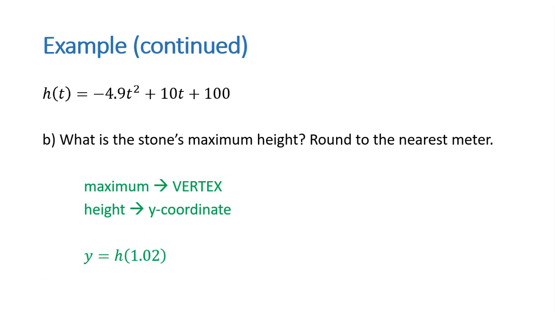So I'm looking for h of 1.02. I plug that into my function. Order of operations, as always, make sure you attend to precision there. Roughly 105 meters. So that's going to be my maximum height. That's going to be the y-coordinate of our vertex. That's the highest point that our stone reaches before descending.